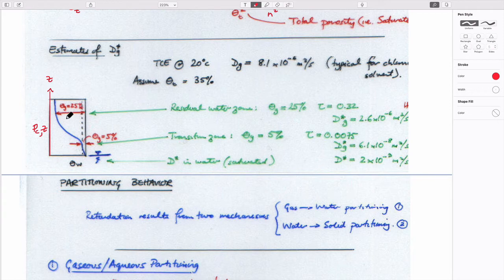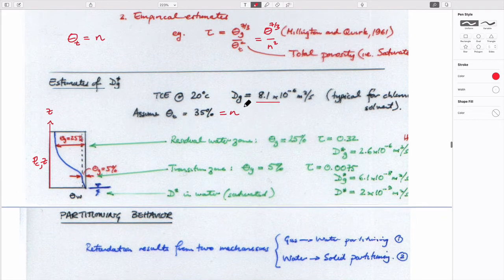And so if you do the calculations to look at 35% porosity, which is this, gas diffusion coefficients given by this, 10 to the minus 6 order of magnitude, and do the calculation. Then if you've 25% gas content, you put this into Millington and Quirk, into this.